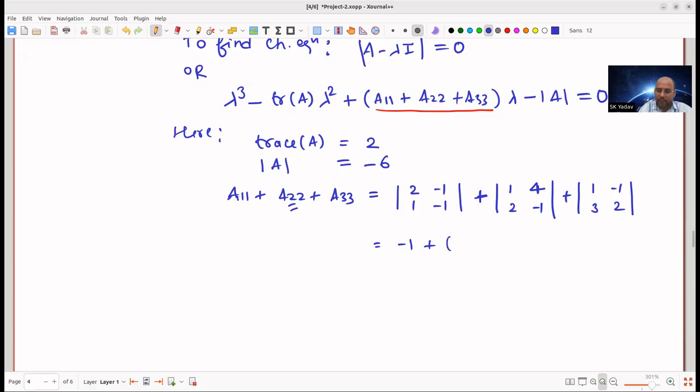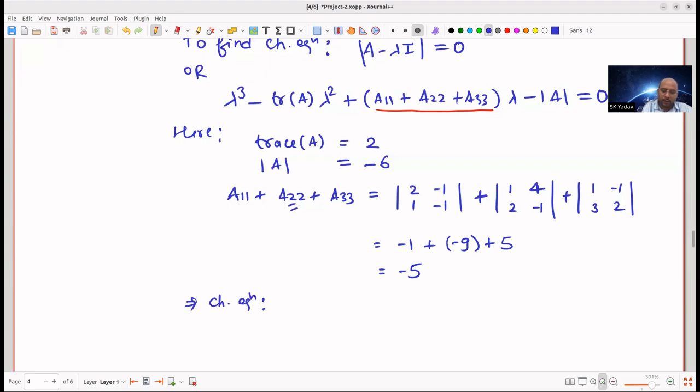So I have minus 9 here, and plus this 2 and plus 3, that is 5. So in total I have minus 10 plus 5, so minus 5. So this third entry is now minus 5.